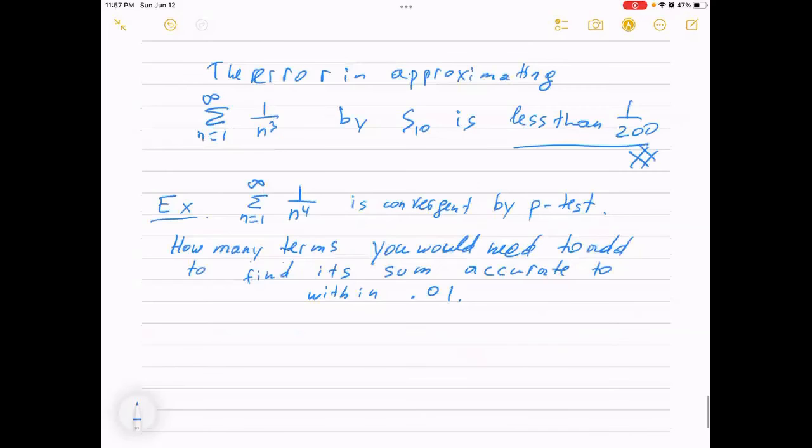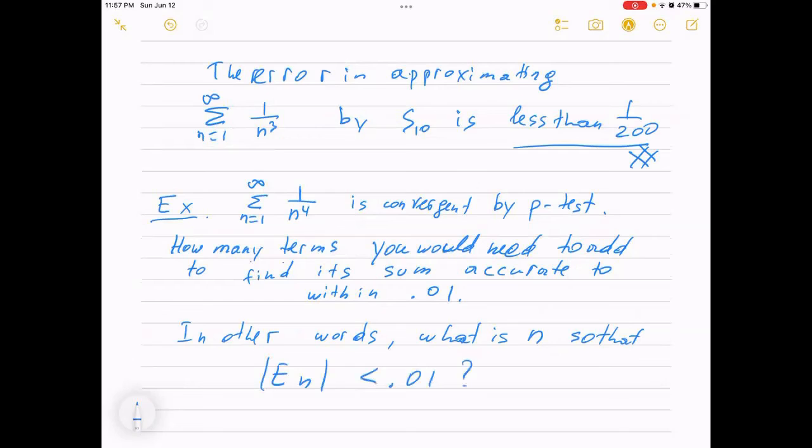In other words, what is n so that the error is going to be less than 0.01? Okay. So that's a problem.